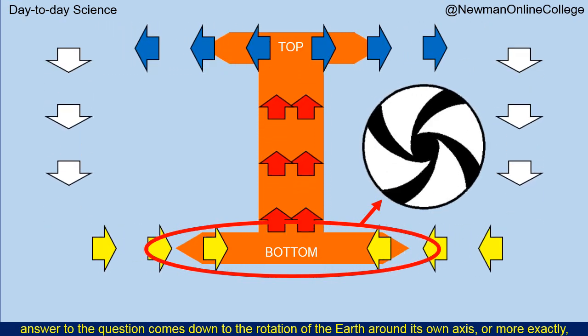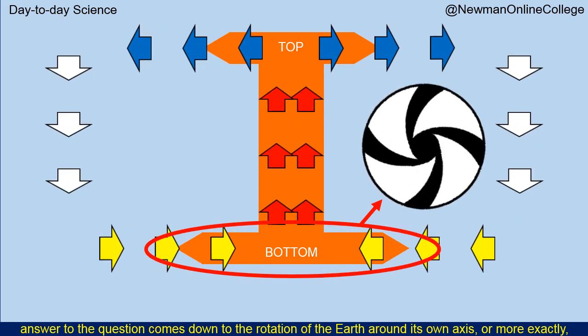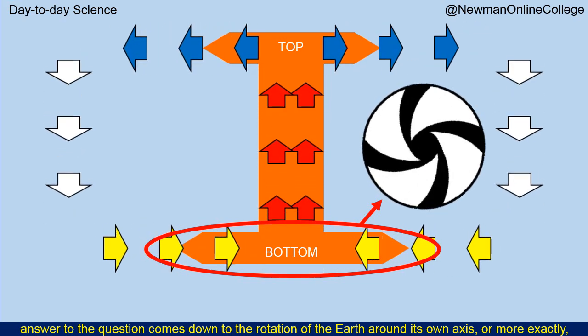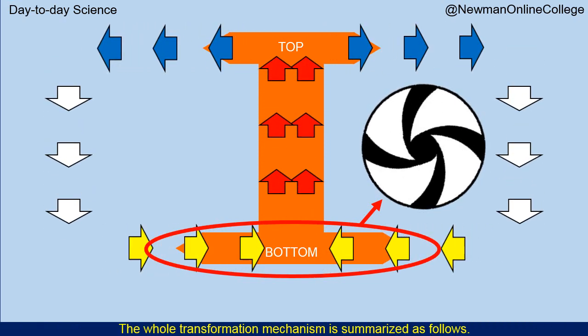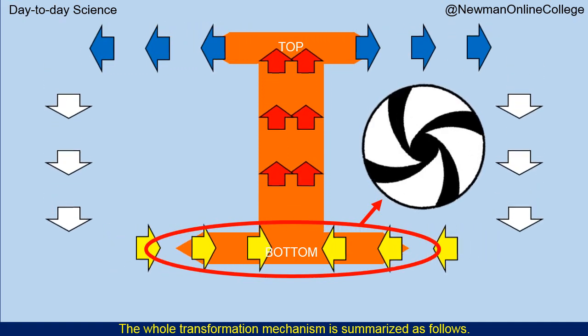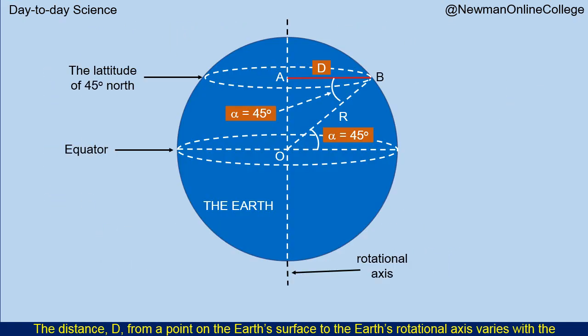The answer to the question comes down to the rotation of the Earth around its own axis, or more exactly, the Coriolis effect produced by the rotation of the Earth. The whole transformation mechanism is summarized as follows. The distance, d, from a point on the Earth's surface to the Earth's rotational axis varies with the latitude at which it is.